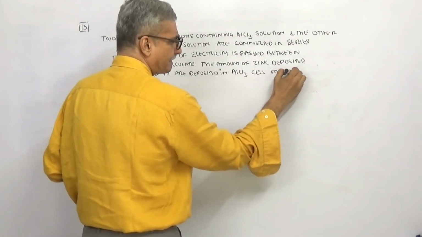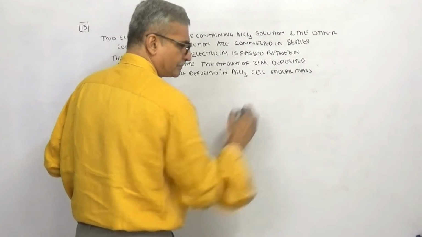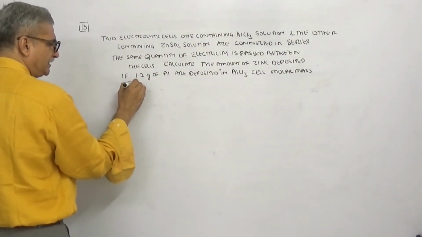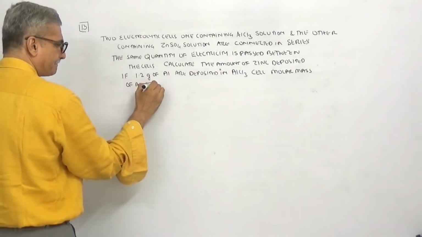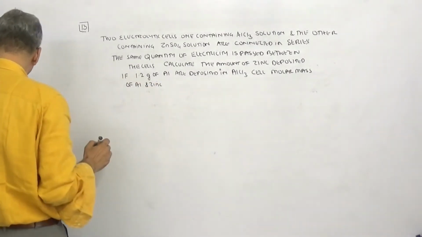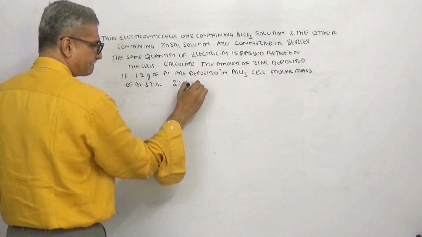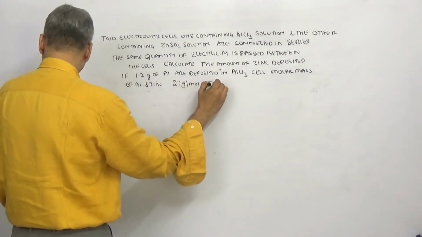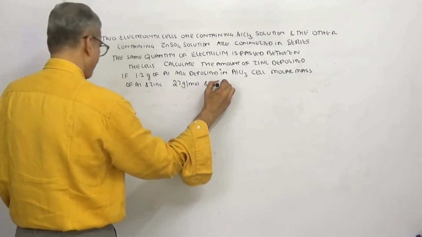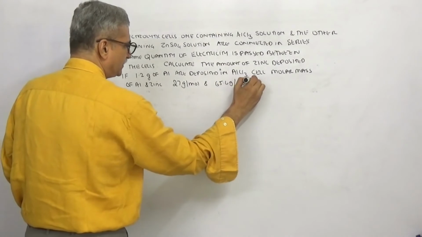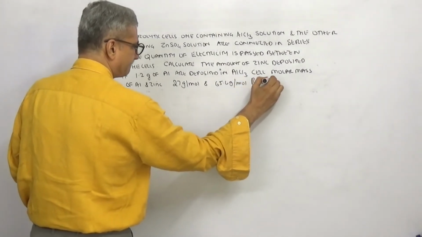Molar mass of aluminium and zinc is 27 gram per mole and 65.4 gram per mole respectively.